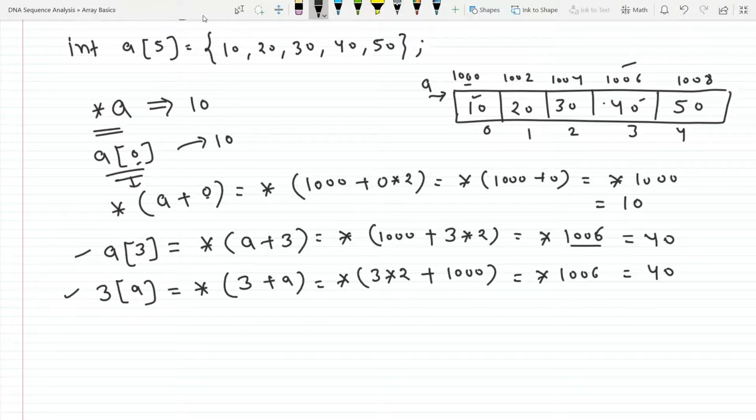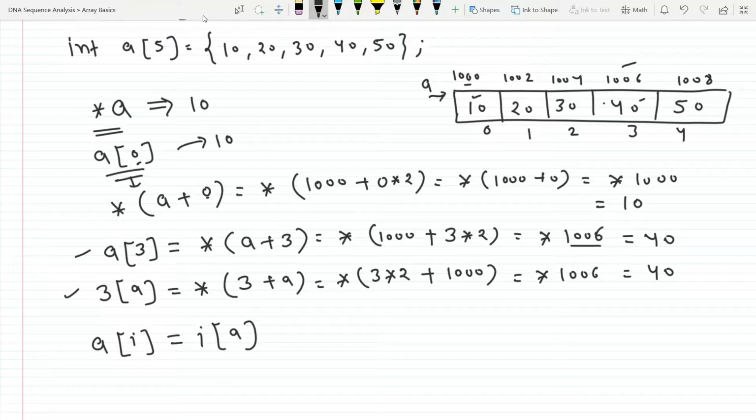Now in general, I can say that A of I is equal to I of A. What is this I?